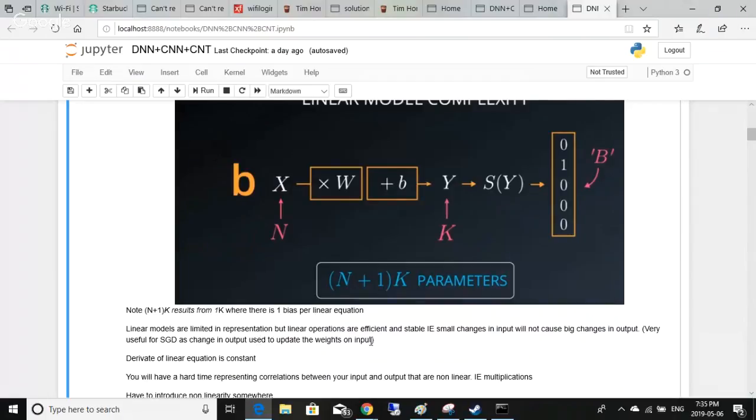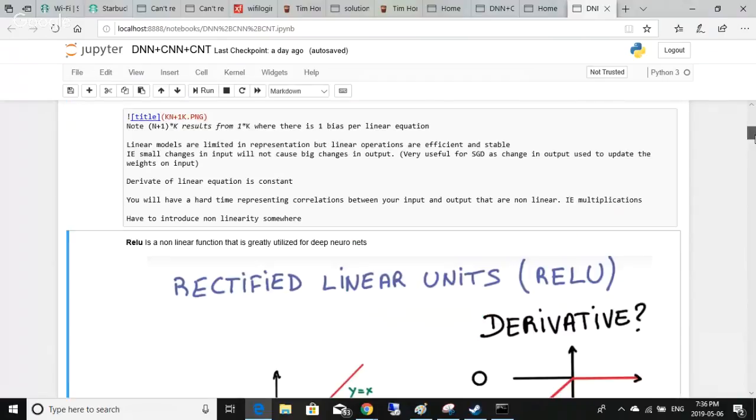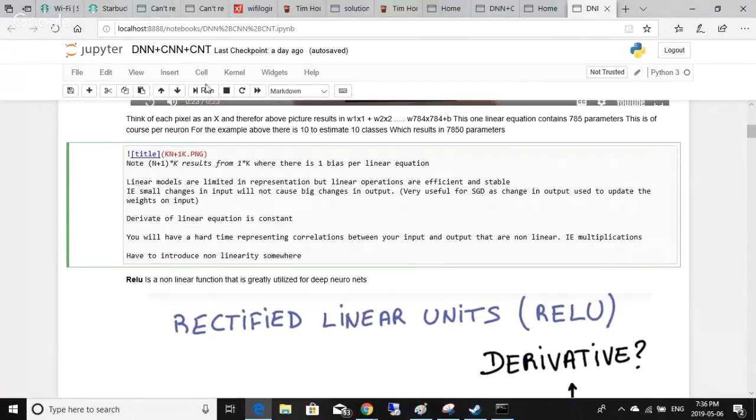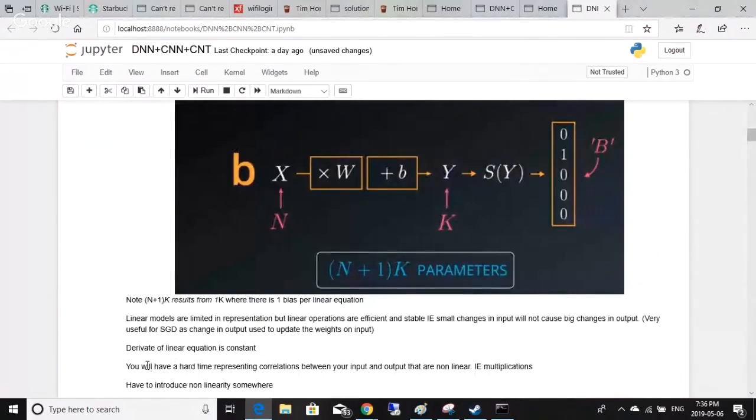You don't want your output to suddenly jump by like 10,000 or something, and then suddenly your model is out of whack, right? The linear equation is constant, very stable.